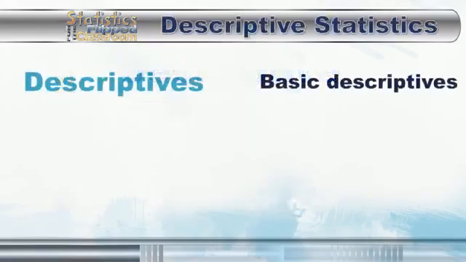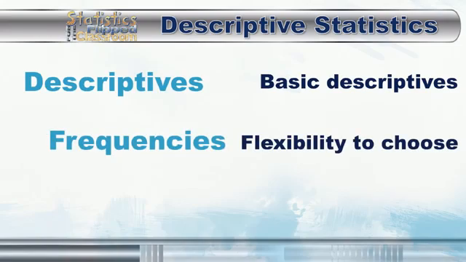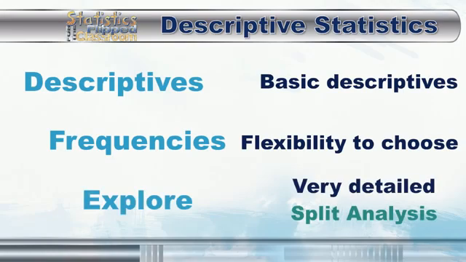If you need only the basics, use the descriptives command. If you want flexibility to choose exactly what output you get, use frequencies. And if you want to know the exquisite details, or to split the analysis by a categorical variable, use explore.